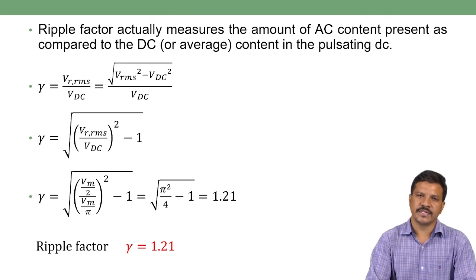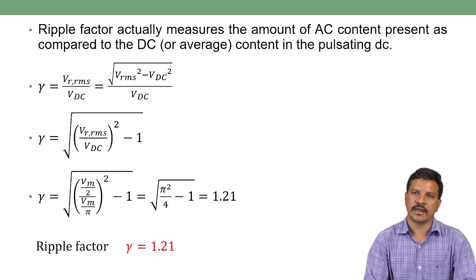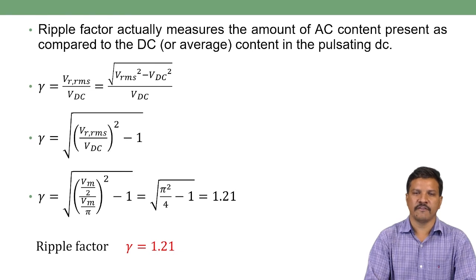Now these two parameters can be substituted in the ripple factor. This is the most important parameter to analyze rectifiers. What is ripple factor? Ripple factor measures the amount of AC component present at the output of the rectifier as compared to the DC component present in the rectified output.